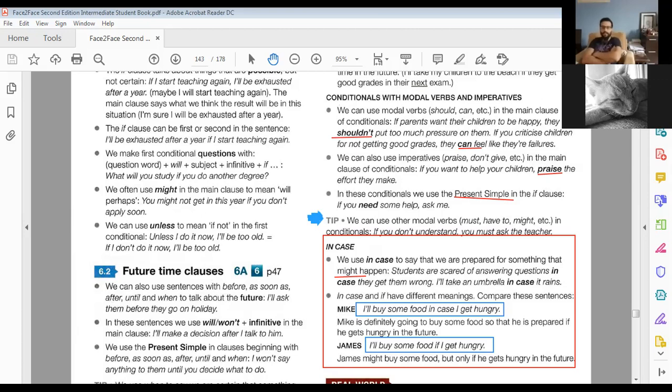What if he doesn't get hungry? If James doesn't get hungry, he won't buy food. Yes. But what about Mike? Is he going to buy the food anyways? Maybe, yes. Is he definitely going to get hungry?